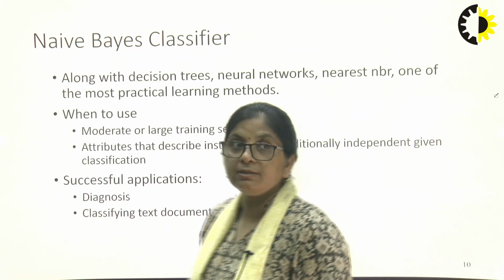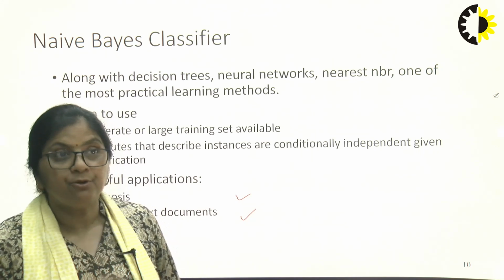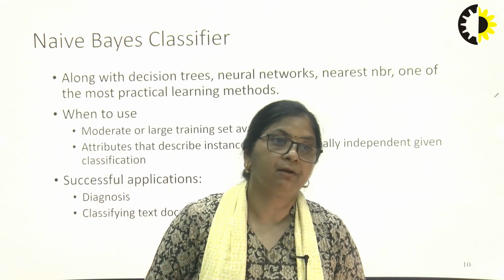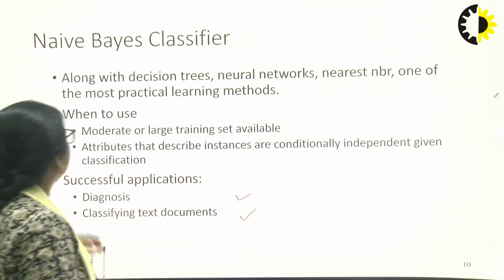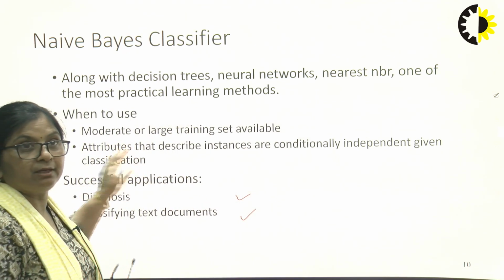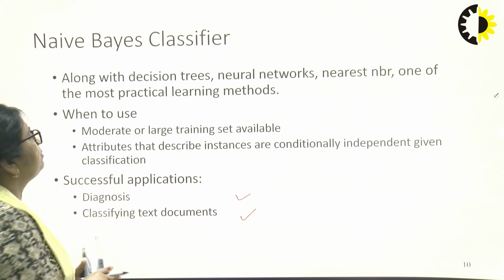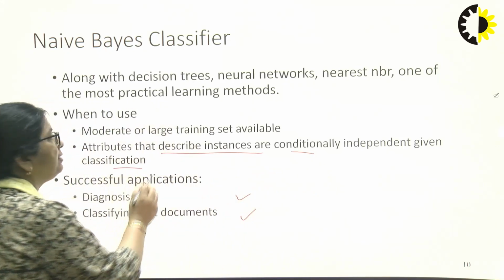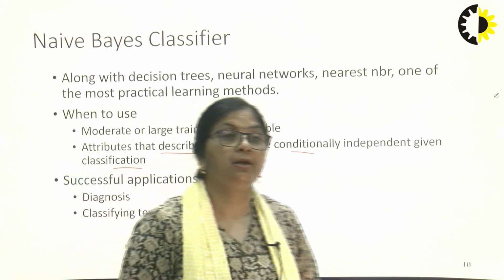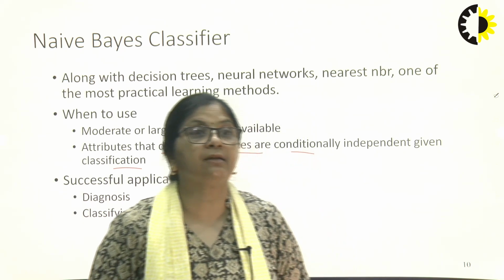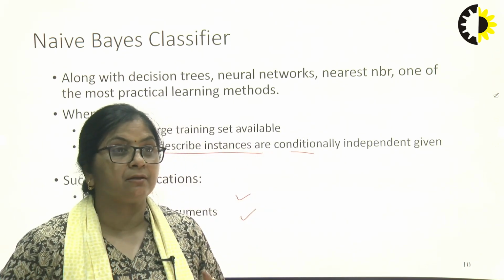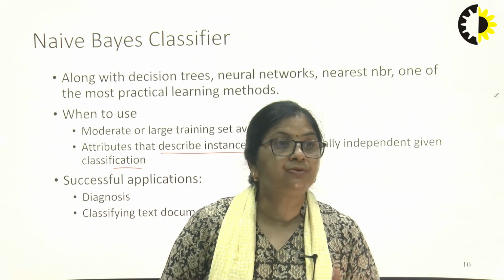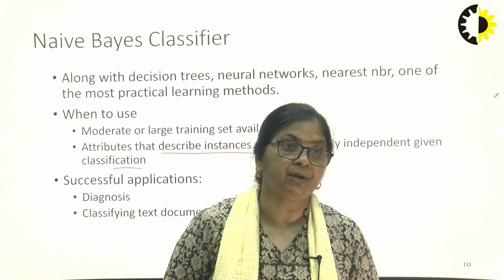Now, the question is, when do we use naive Bayes classifier in place of Bayes optimal classifier? When we have a large training data set available and the attributes that describe instances are conditionally independent given the classification. If the classification is given, then the attributes describing the instances are conditionally independent.